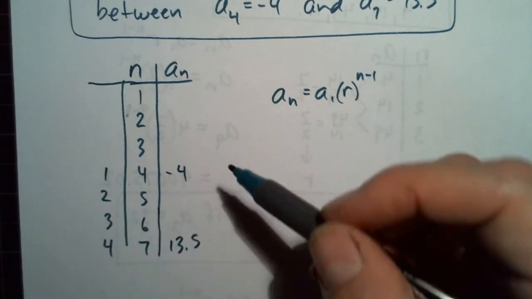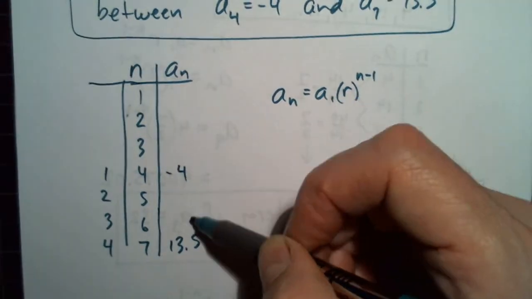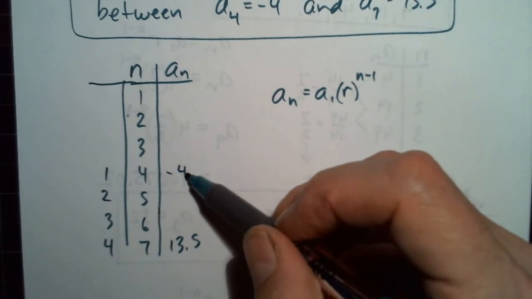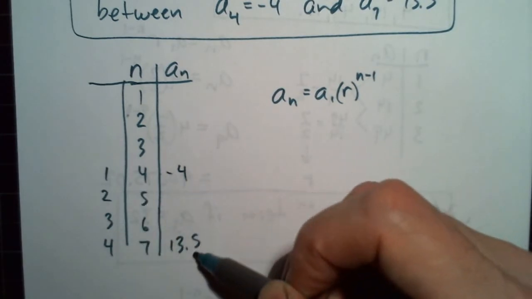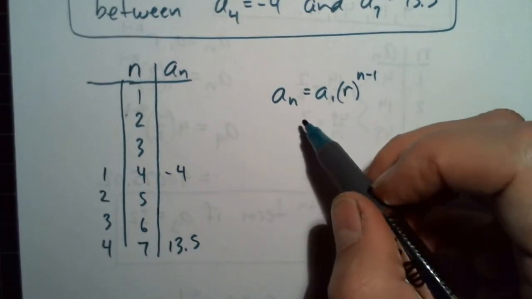So instead of having to, here we can't find the first term because we don't know what the common ratio is, but why don't we just say this will be the first term of a new sequence, that'll be the fourth term, and then we can solve for the common ratio.